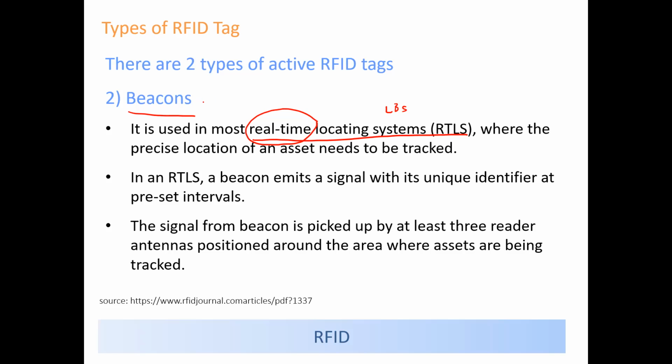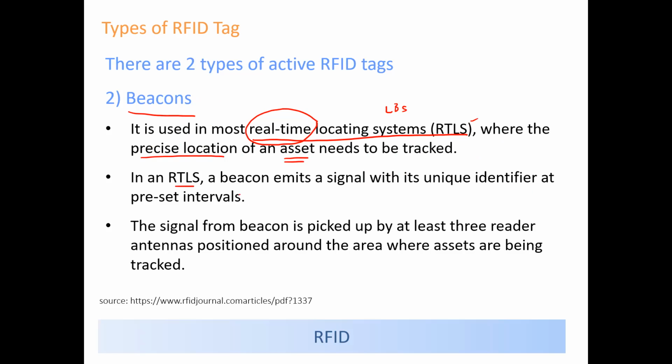For beacon, it consumes lots of energy, but when you compare pros and cons, it's okay to send information all the time. So it is used in applications where the precise location of the assets needs to be tracked. In this RTLS, a beacon emits a signal with its unique identifier at a preset interval.